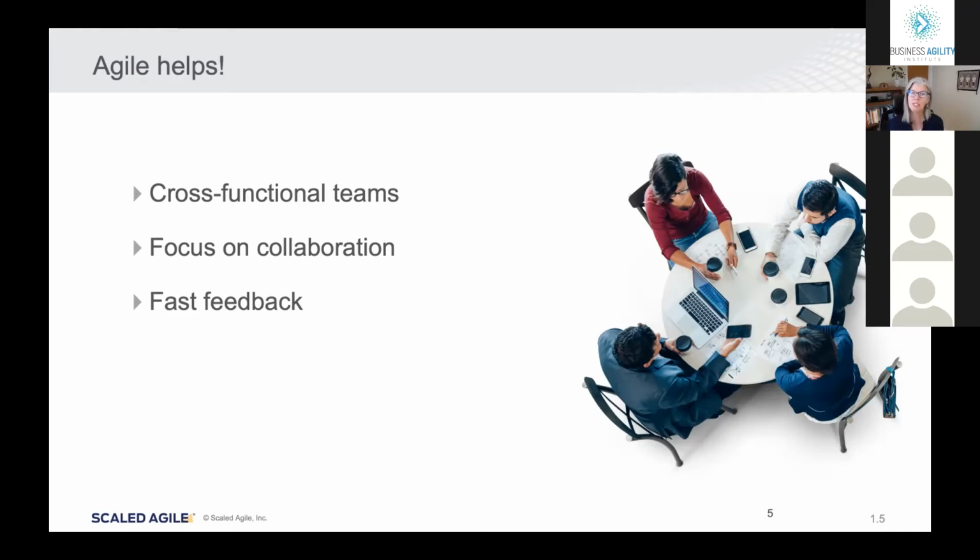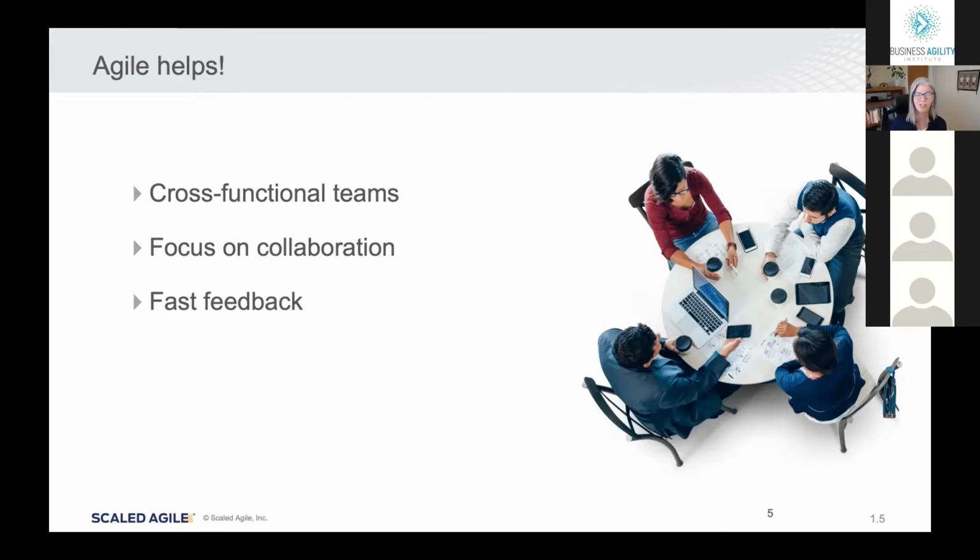Those teams really collaborated in order to deliver that value, and we were able to organize ourselves in a way that we were able to get value to the customer faster, and we were able to get fast feedback from the customer and fast feedback within our teams. So we had this mindset of relentlessly improving.